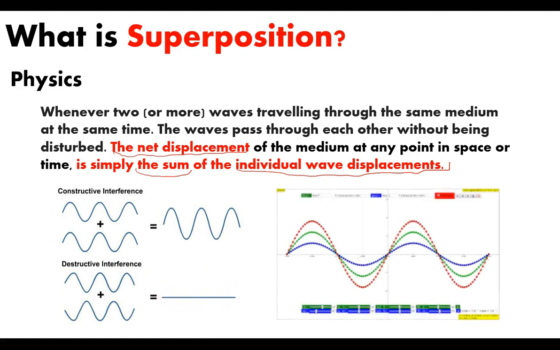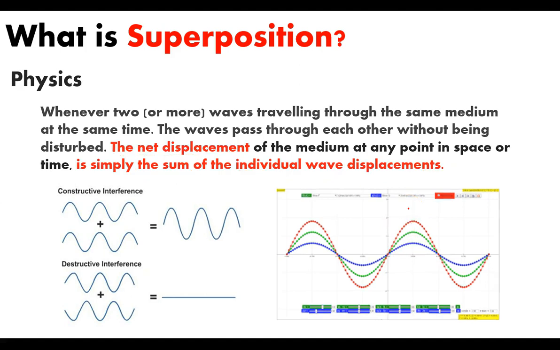And on an oscilloscope, if you look at the blue wave and the green wave, you can take that as a sum to get what you see on the red wave. So that is superposition in physics. This plus this is equal to this.